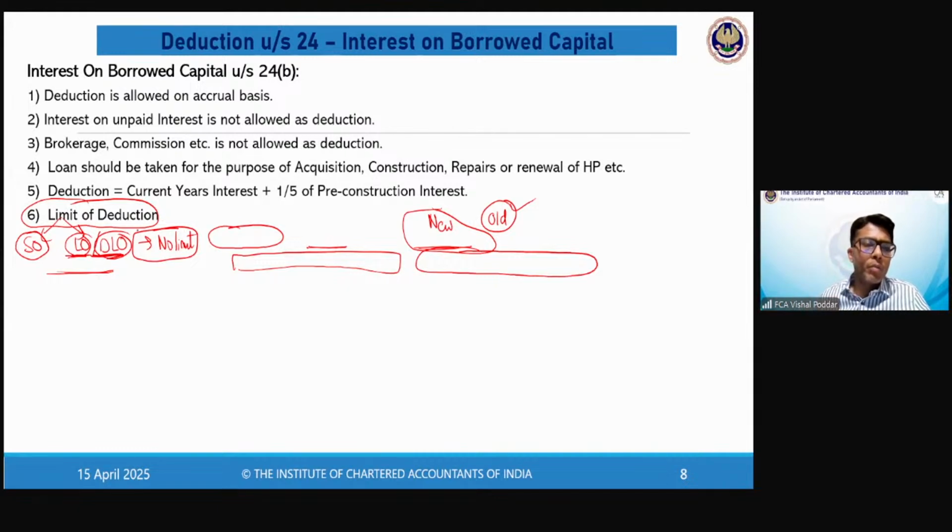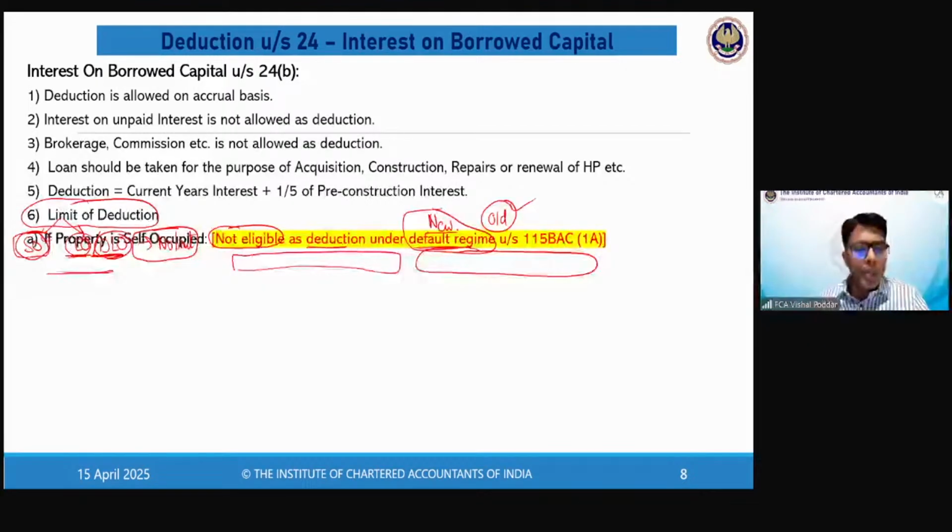Second, if your property is self-occupied, then you have to see whether you are in old regime or new regime. If you are in the new regime, which is also called the default regime, then for self-occupied property there is no deduction at all.